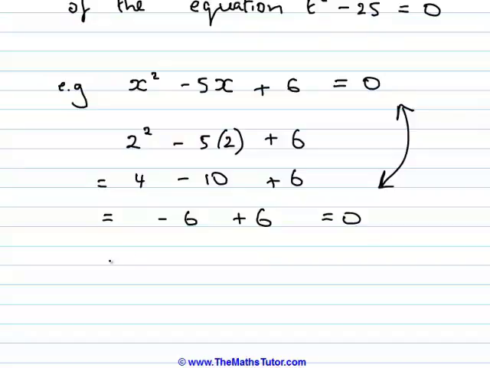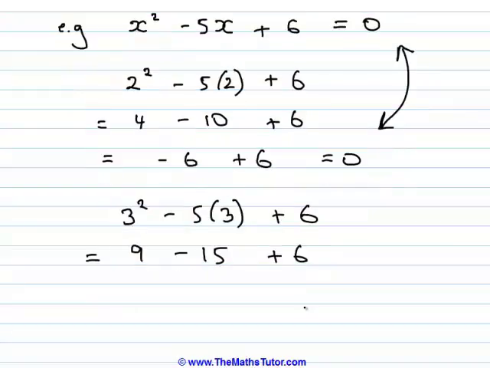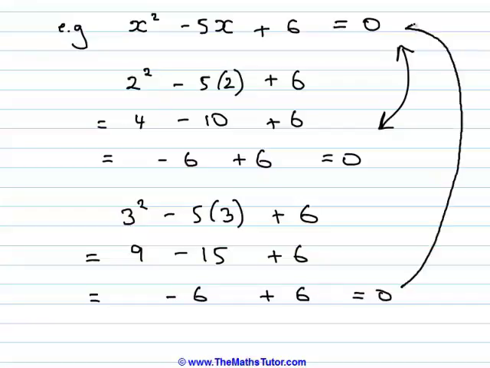It turns out that 3 is also a solution, because 3 squared minus 5 times 3 plus 6 is equal to 9 minus 15 plus 6, which is equal to 9 minus 15 is minus 6 plus 6, which is equal to 0. So 3 is a solution of this equation. 3 is a value that makes the equation true.